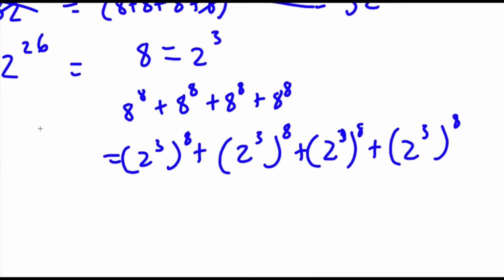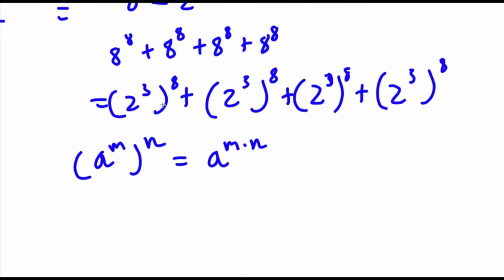Now, if I have something in the form a to the power of m to the power of n, this is equal to a to the power of m times n. So in this case, a is equal to 2, m is equal to 3, and n is equal to 8.